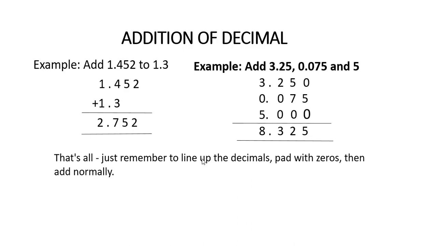You can see here it says, just remember to line up the decimals and pad it with what? 0. Then add normally. Simple. It's very simple. You can do it. Okay, so we are going to subtraction of decimal numbers.